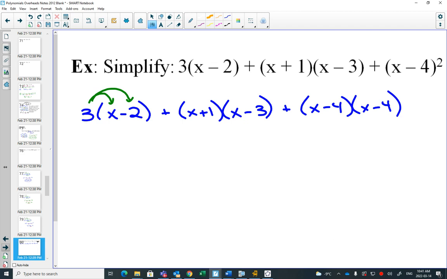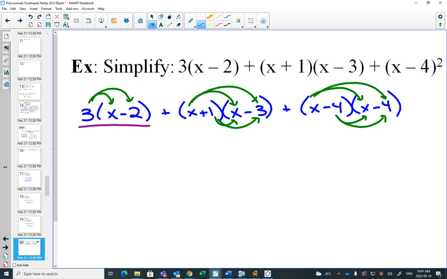The second one, there's my arrows, first, outside, inside, last, and same thing with my last one. Now, I'm going to color code things here so you can follow along. I'm going to do the answer to this one in purple, the answers to this one in black, and the answers to this one in green.